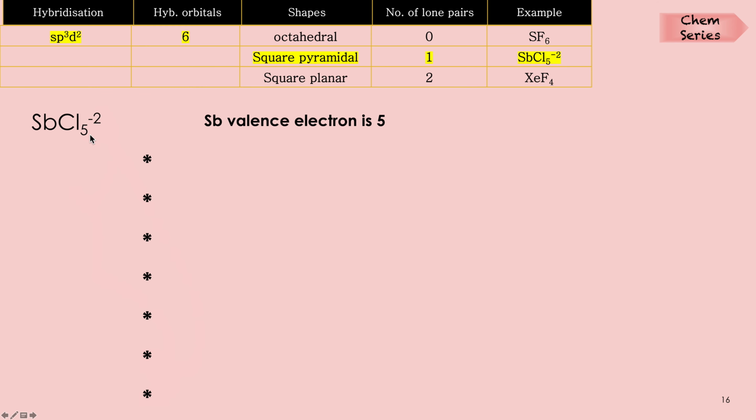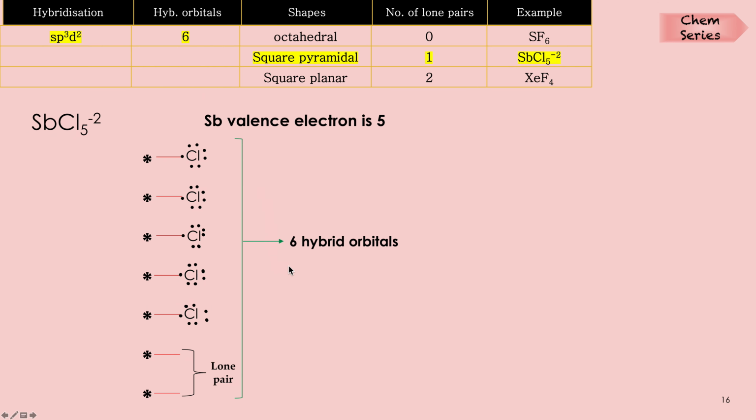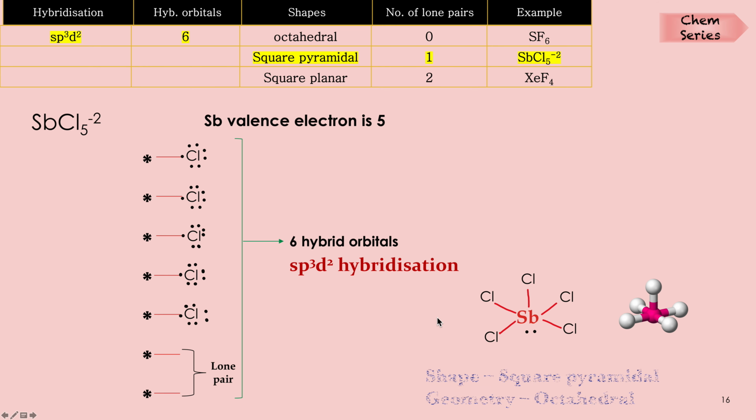So there are 5 chlorine atoms. So 5 chlorine atoms will take 5 valence electrons of antimony for the bond formation, and the 2 electrons of antimony will be left out as a lone pair. So totally there will be 6 hybrid orbitals, that is sp3d2 hybridization, and the shape will be square pyramidal and the geometry will be octahedral.